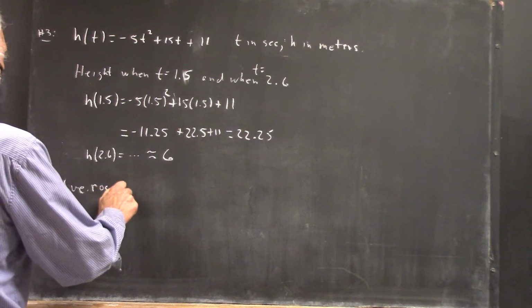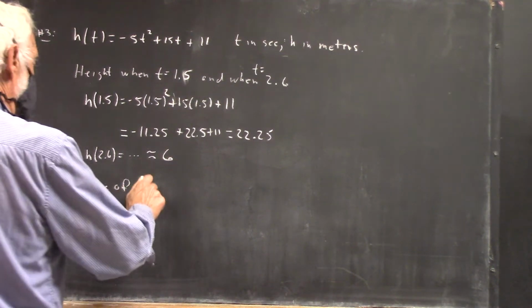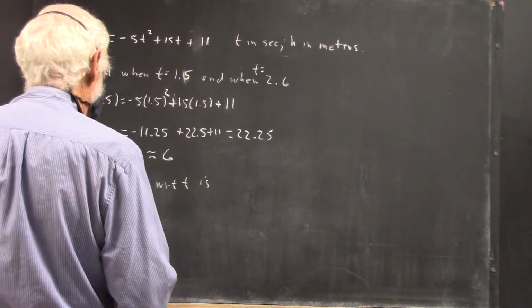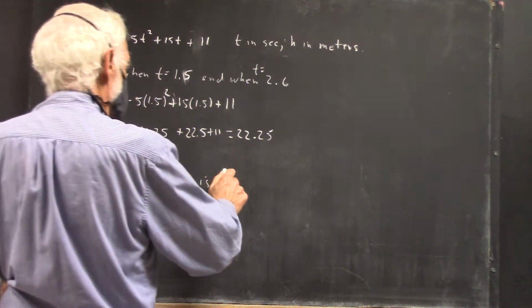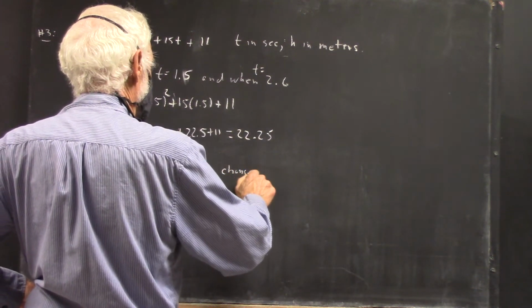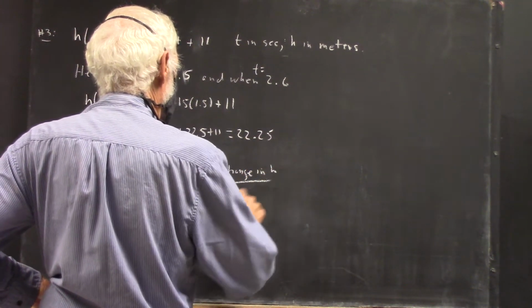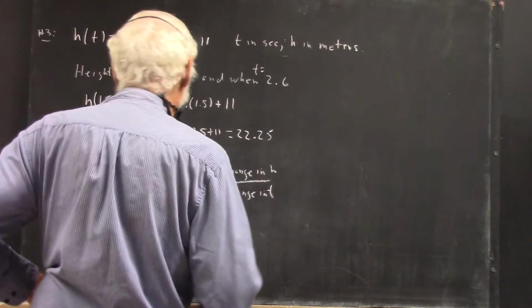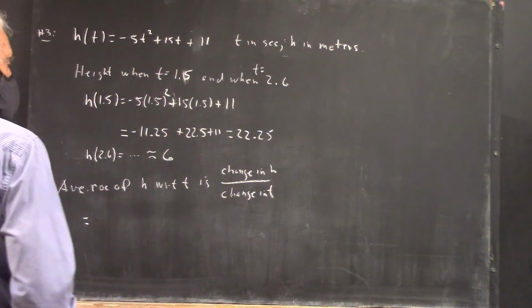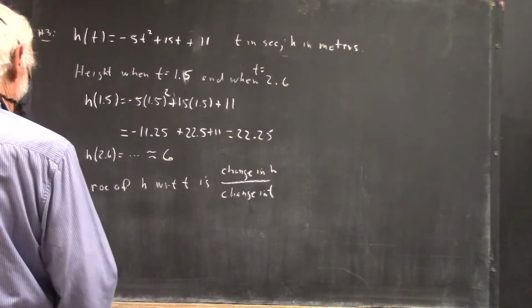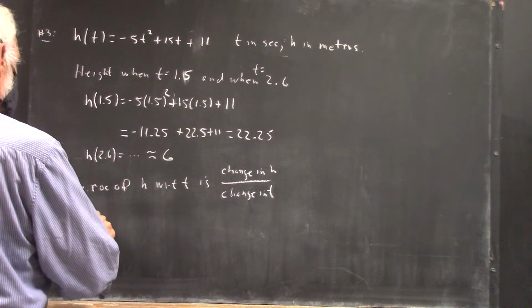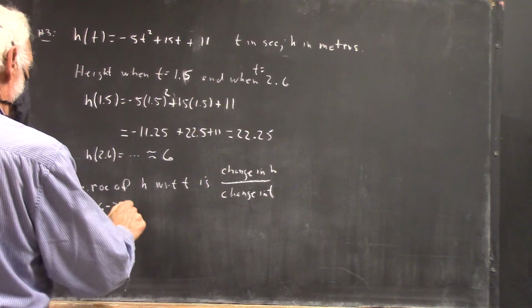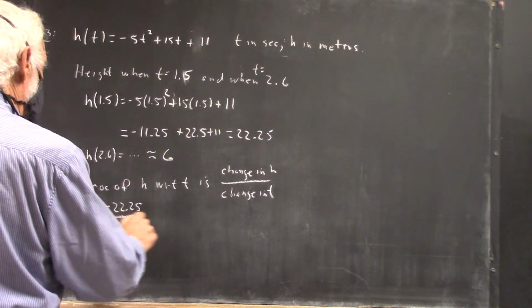Okay, so now, average rate of change of h with respect to t is change in H divided by change in T. Well, H changes from 22.25 to 6. And this is an approximation, the 6 is approximated, but it's about 6 minus 22.25.